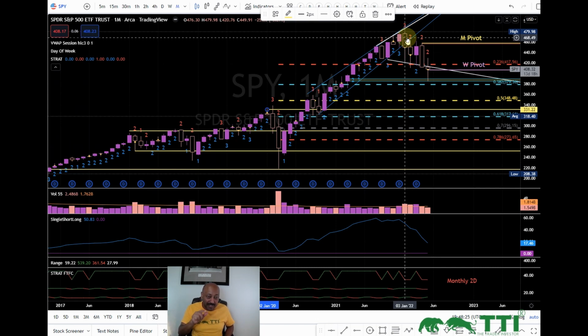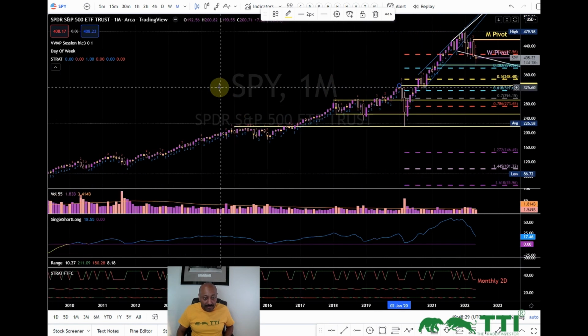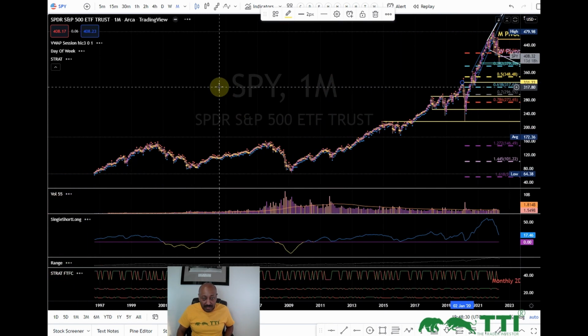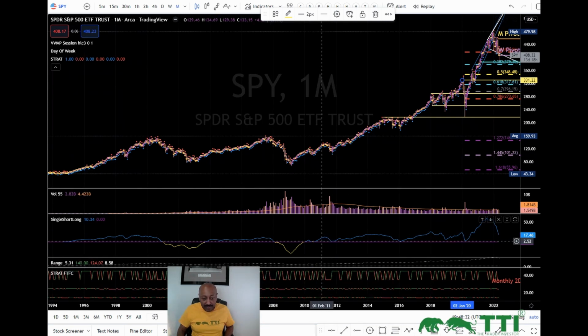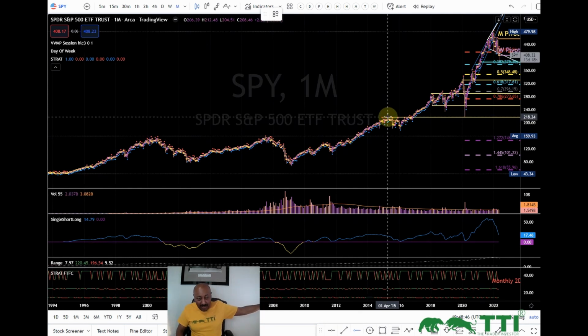Okay, I drew it because I've seen it touch so many times. If you zoom out enough, for example, here we've never been up here right before. March 2015, this is the highest we've ever been. So you don't have anywhere to say, oh, this is resistance. We don't know that.